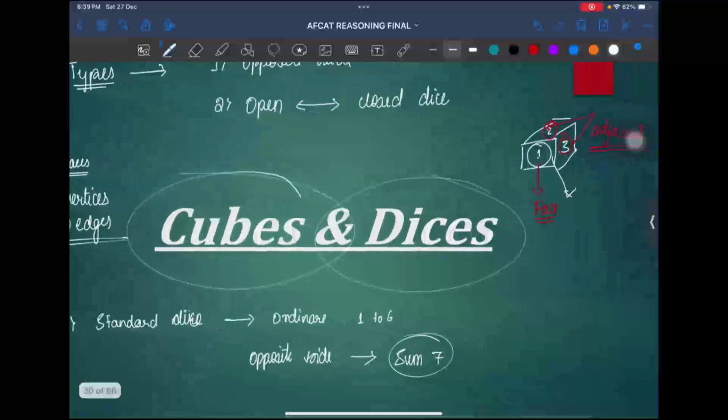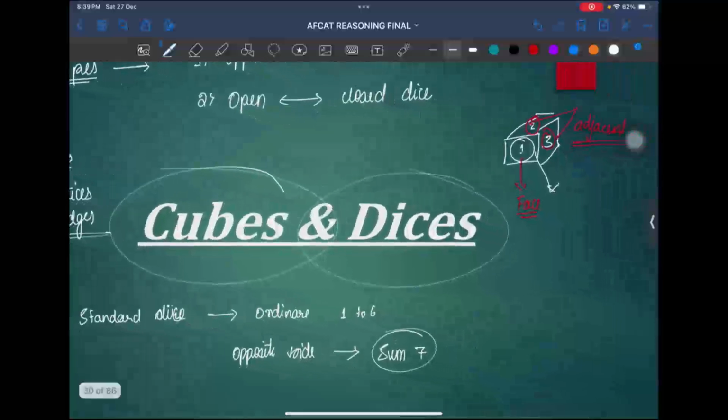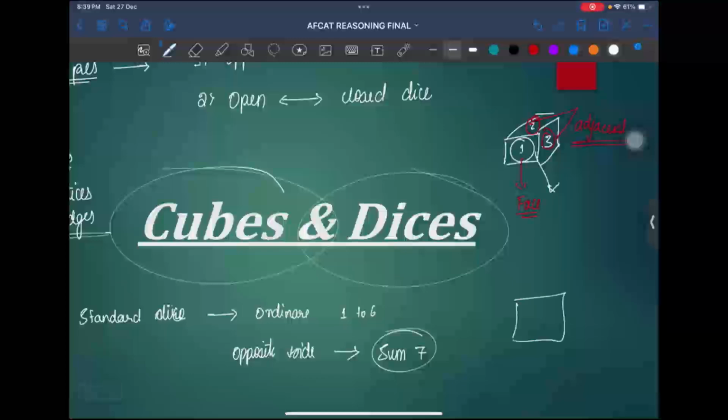For example, this is a normal die. In a normal dice, we see only three faces from our eye point, and three more faces are on the hidden side. One will be on the back side, one towards this side, and one towards down.